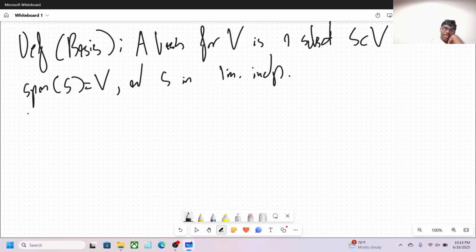If V has a finite basis, V is finite dimensional.